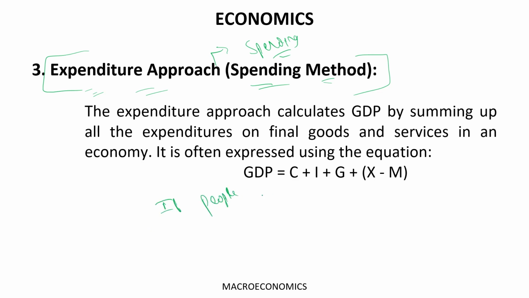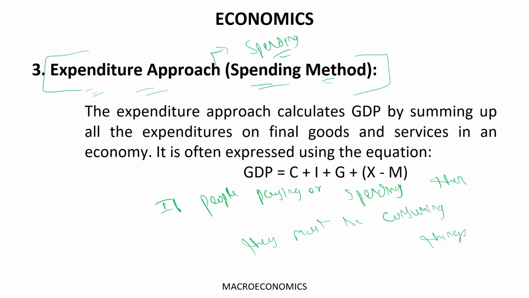This is a simple principle of GDP: if people are paying or spending, then they must be consuming things. If a person is paying or spending, then he must be consuming something.